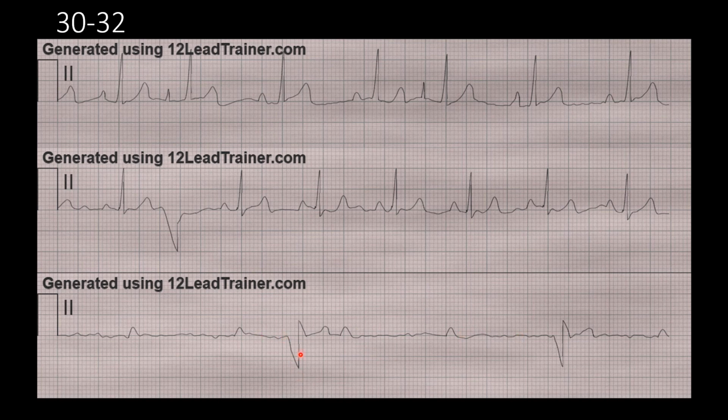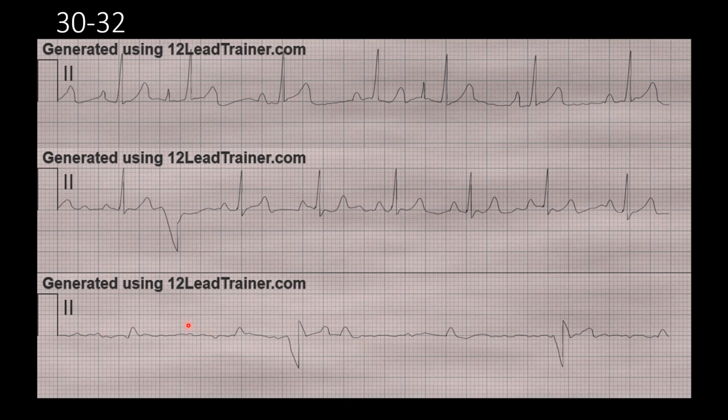Our QRS is wide, which tells us that it's originating in the ventricles, which is weird because we have P waves. If we have P waves, you wouldn't expect to be seeing wide complex QRSs, because that tells us that the impulse is originating in the ventricles. Yet we have upright P waves, so there's no retrograde conduction.